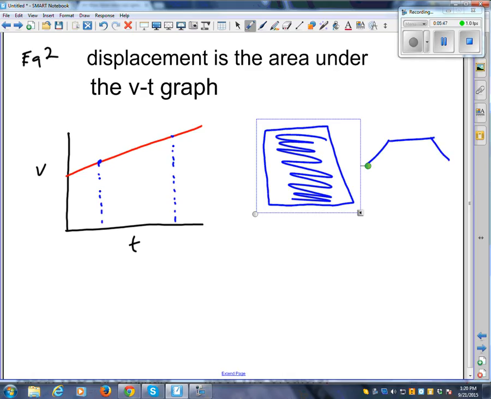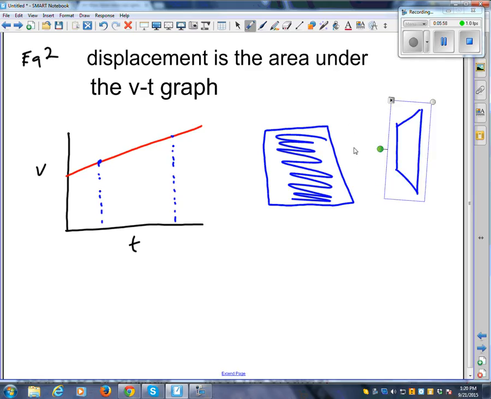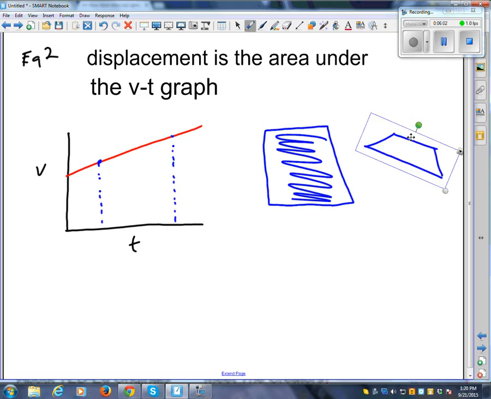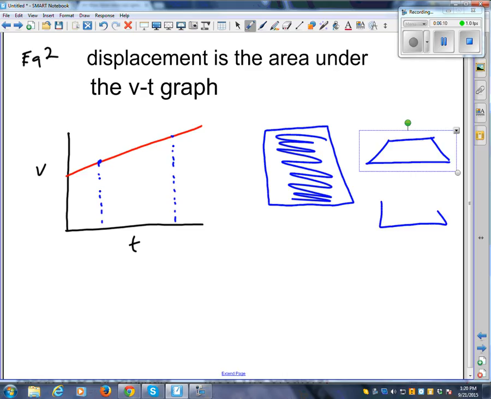I always think of them as being underneath elephants at the circus. Okay? Is this the same shape as that? No? Okay, well, could it be like this? What is the definition of a trapezoid?